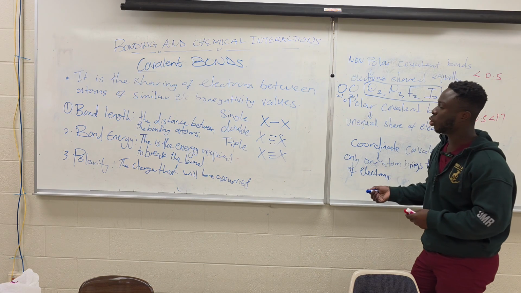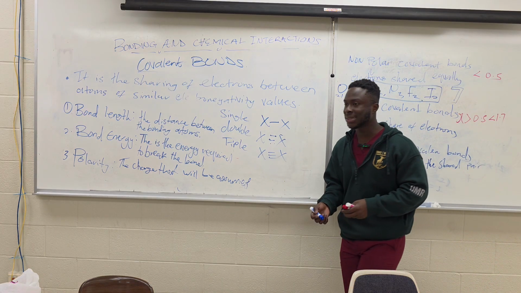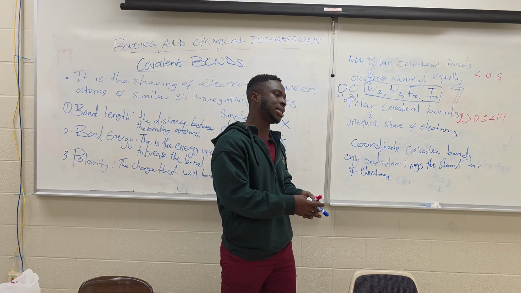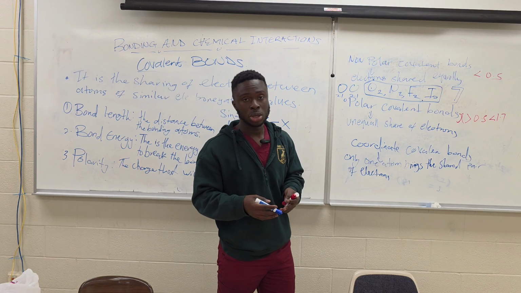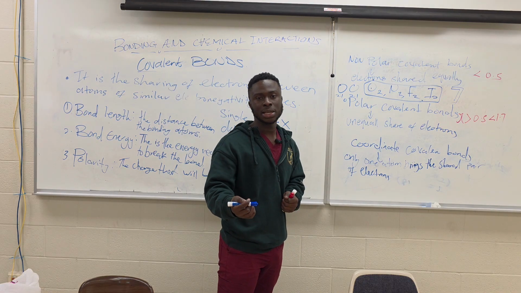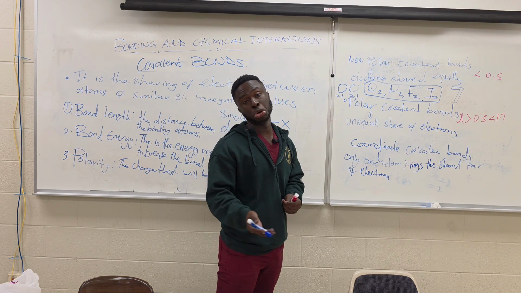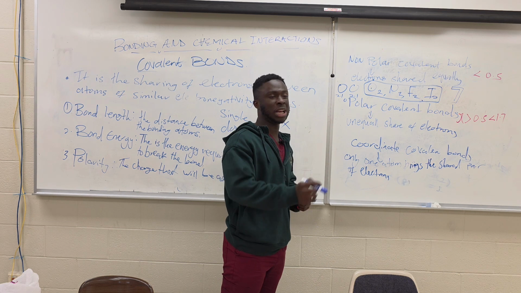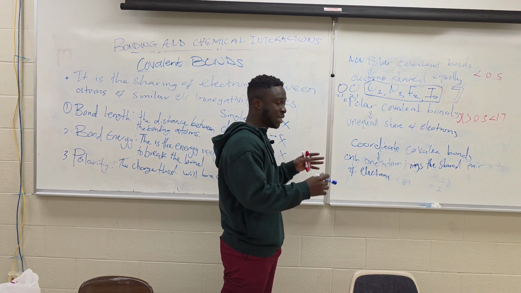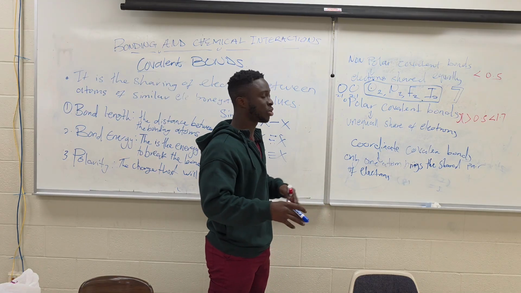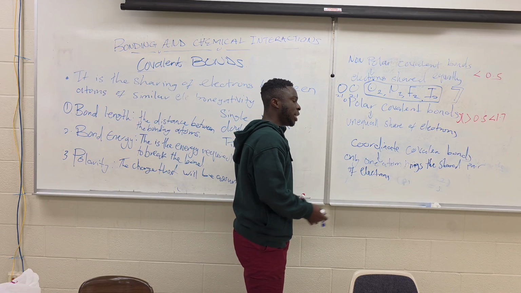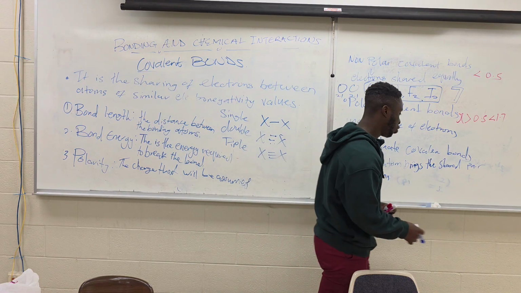If you have a molecule that has some sort of polarity to it, and you sum up the vectors and it gives you 0, it is nonpolar. But if the vector sum results in some number, then it is polar. We will get to the vector sums so that you know how to determine the polarity.